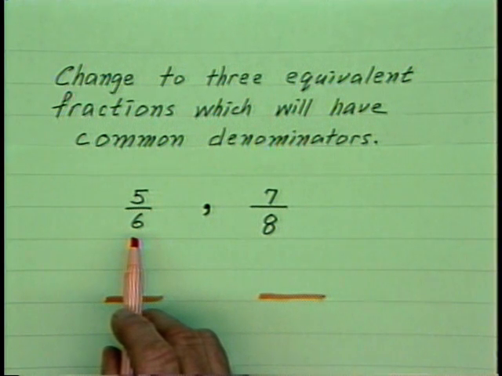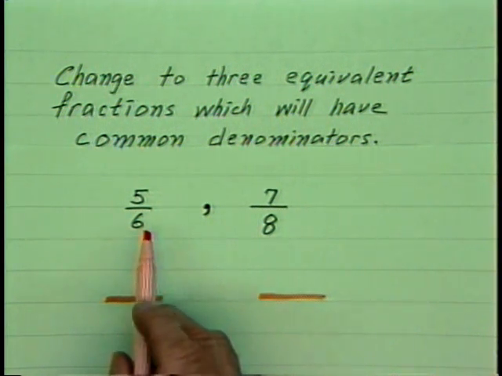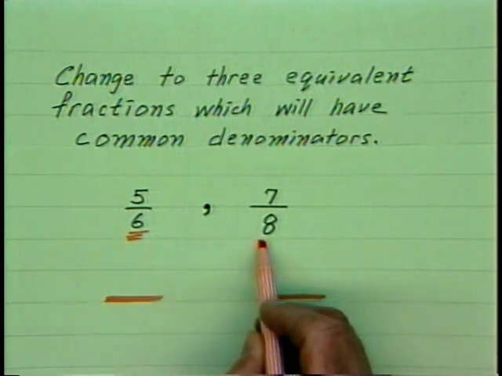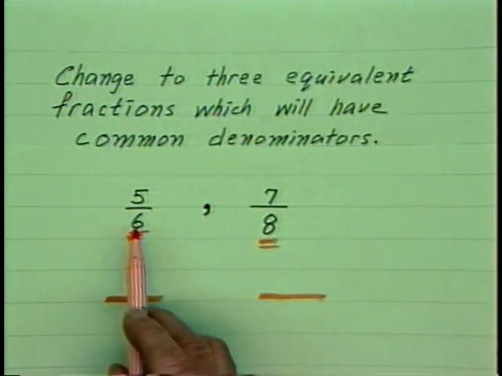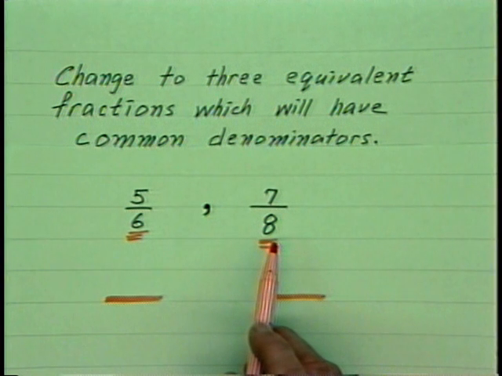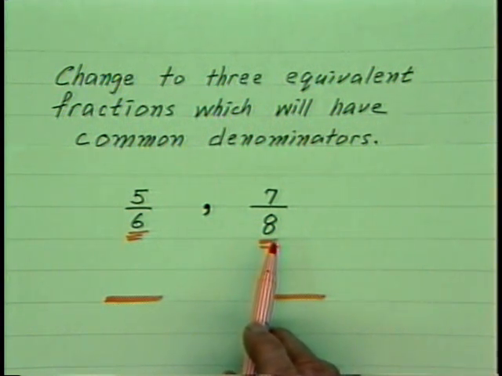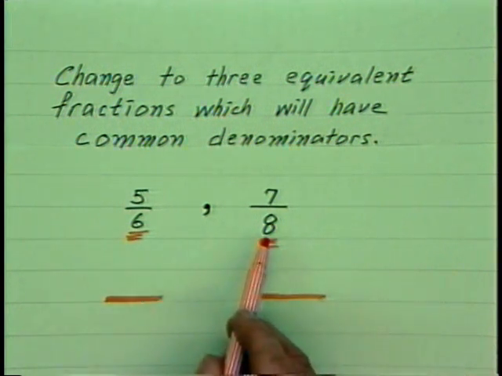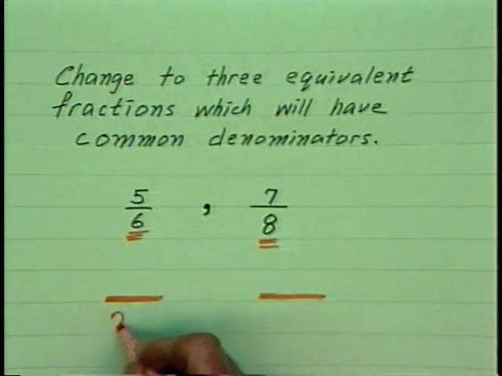And that boiled down to this simple question. Look at these 2 denominators and ask, what number will both of them divide into? Preferably the lowest. That will give us the least future work. And hopefully we would see it's 24.